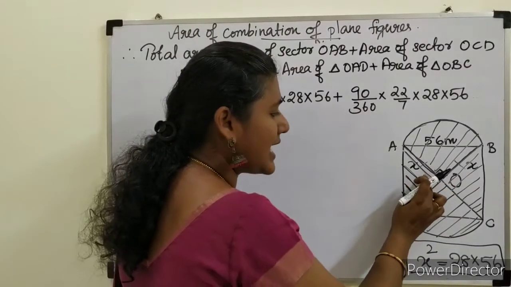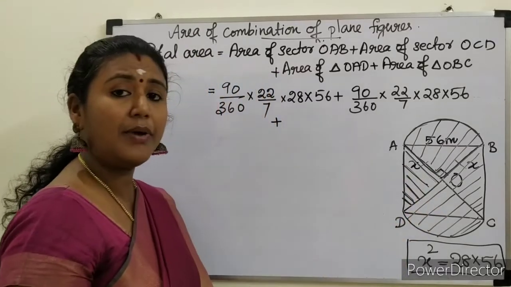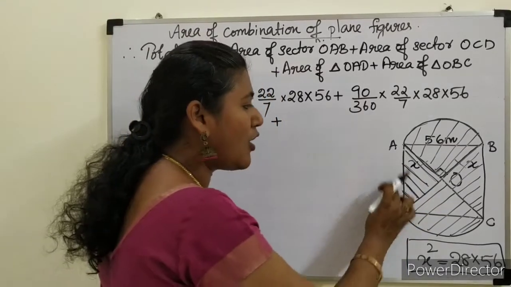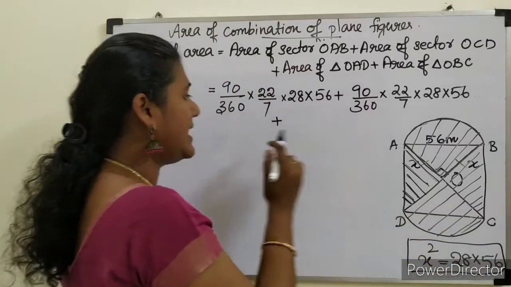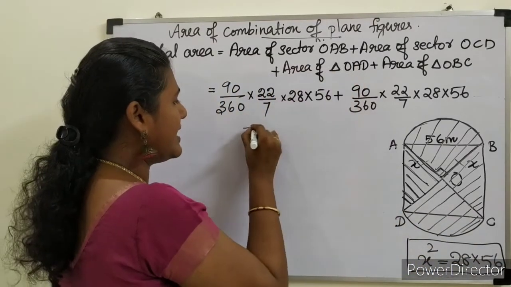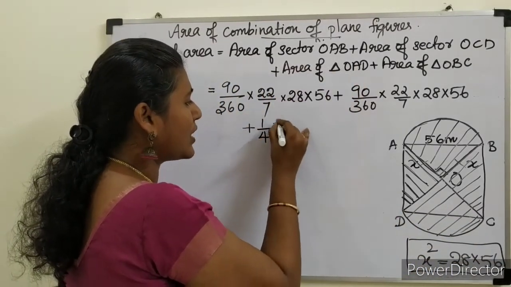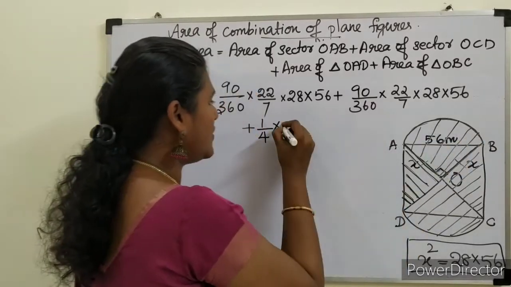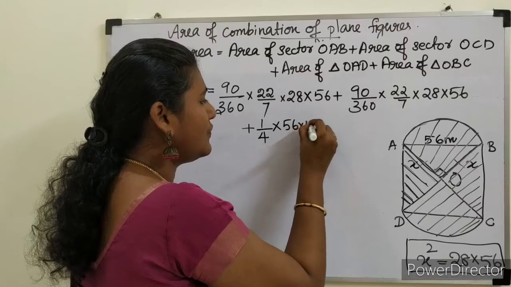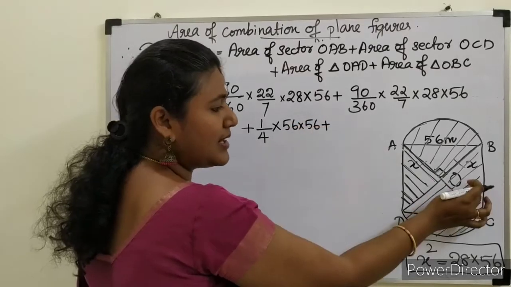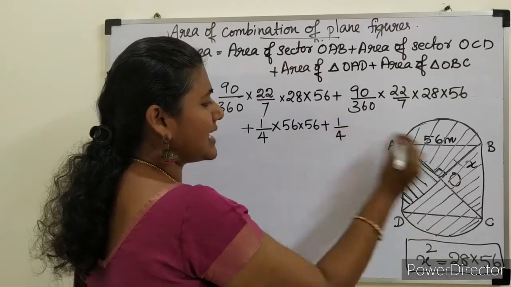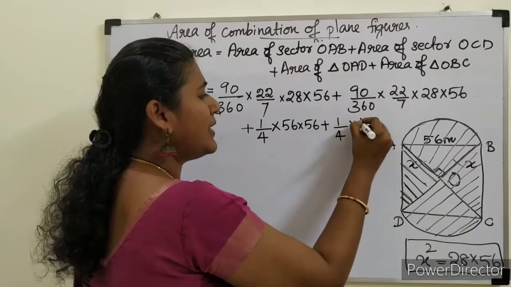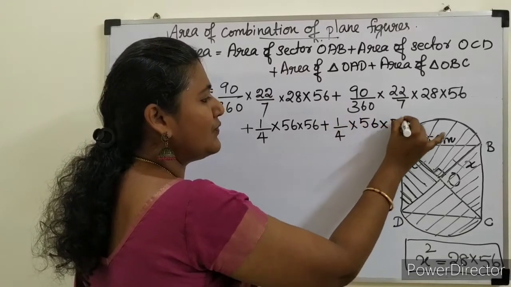So for this triangle area, we will write 1 by 4 into the area of the square. Area of square is side into side, that is 56 into 56. Plus similarly, the area of this triangle is also 1 by 4 into 56 into 56.